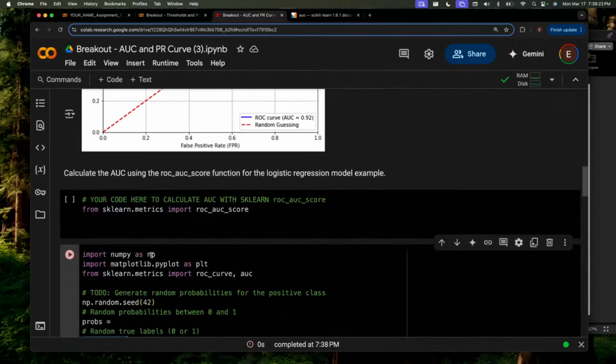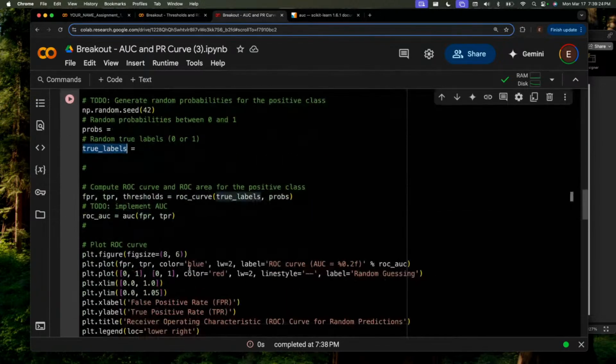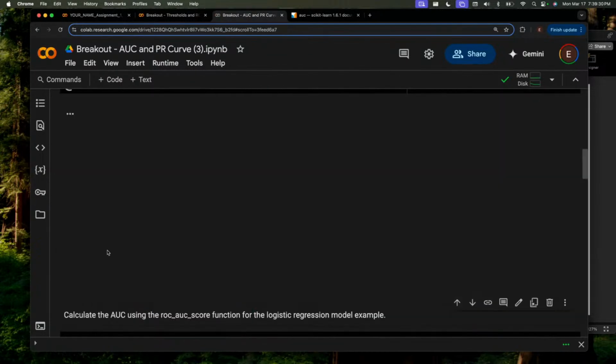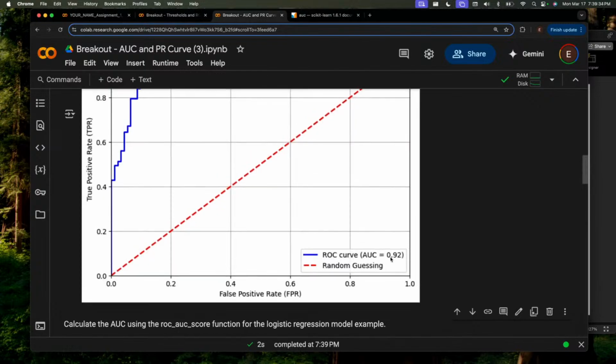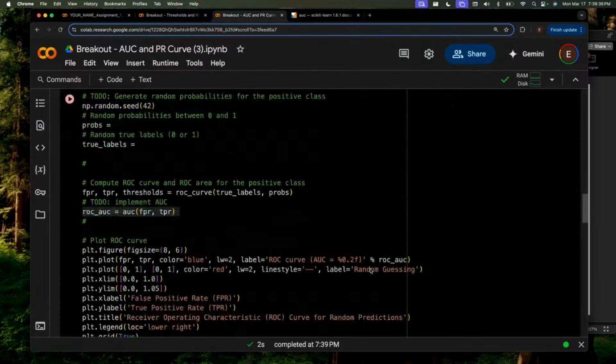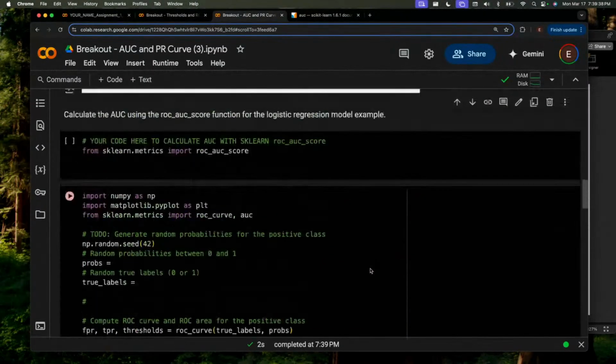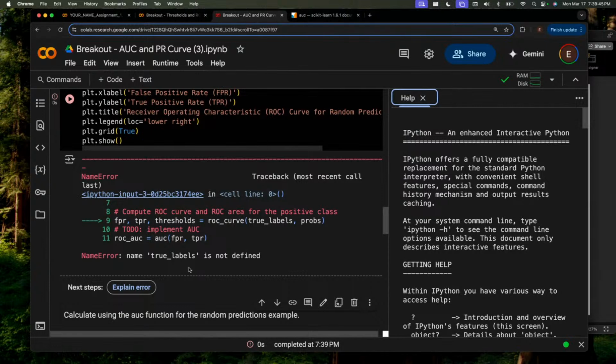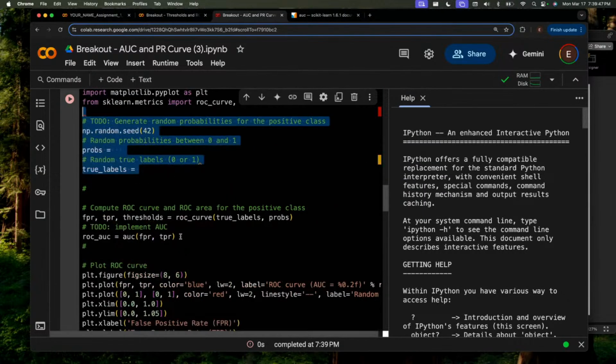Maybe I have this in here twice. Move this up onto this curve here. There we go. So now we have the ROC AUC of 0.92. Okay, it does need true labels.